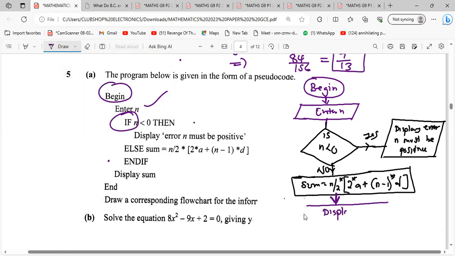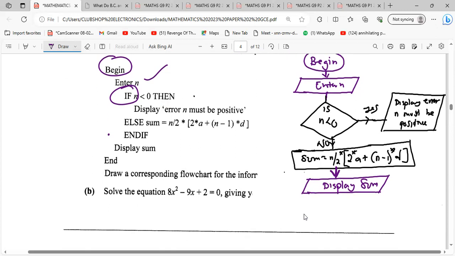Then end. So end like that. That's it. And that's your answer. Get your 5 marks. All right.